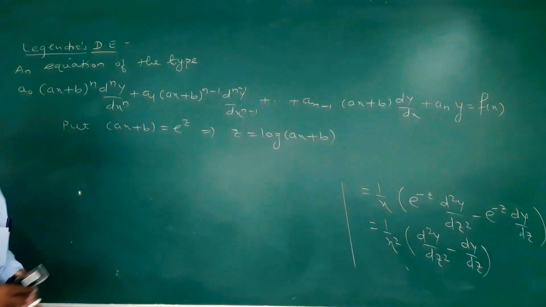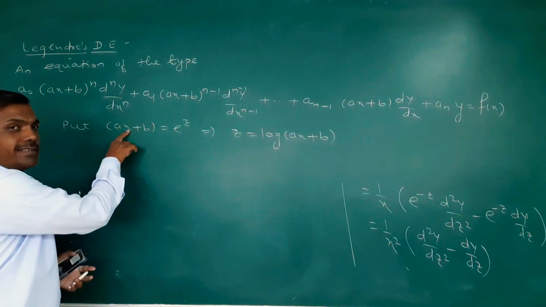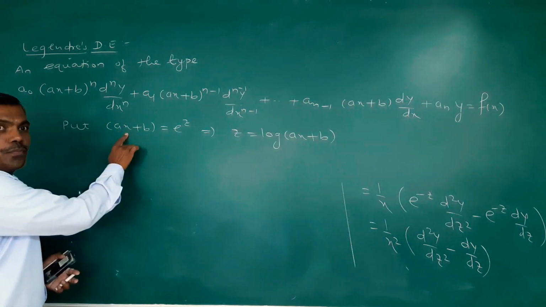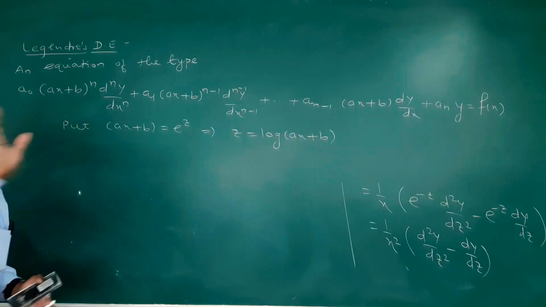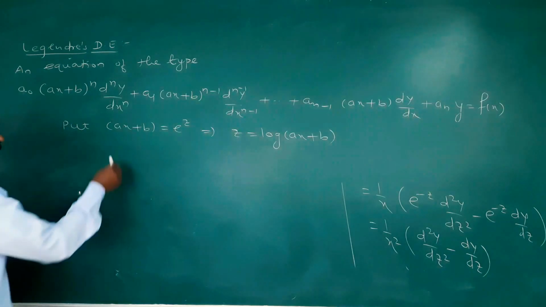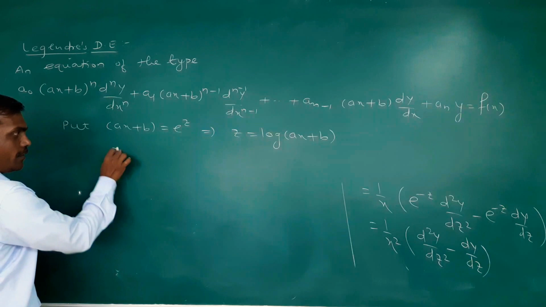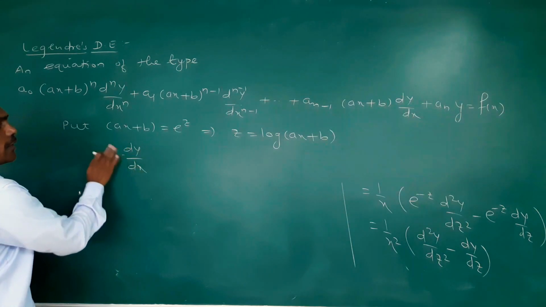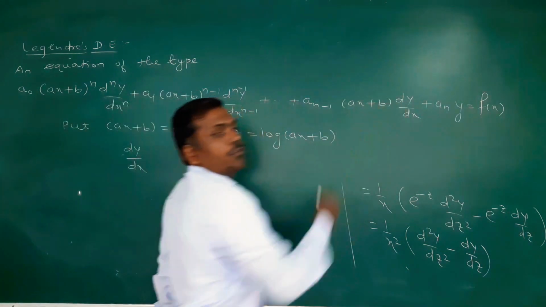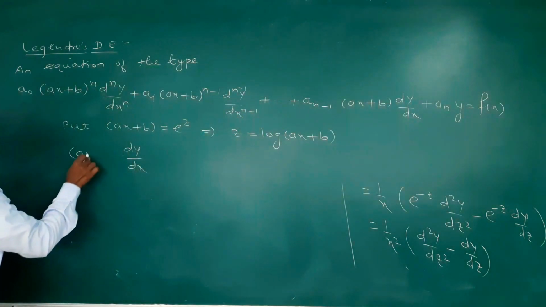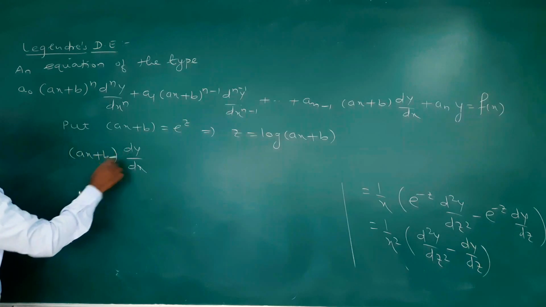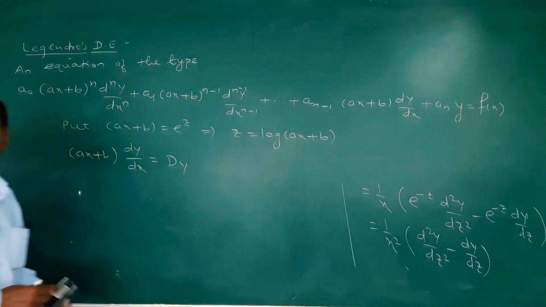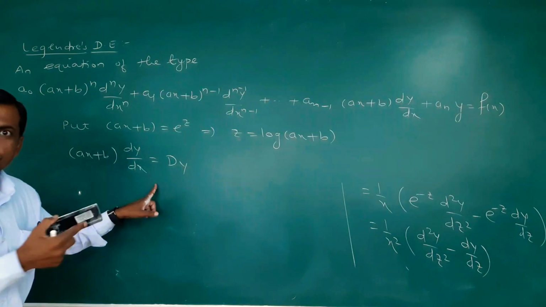If you take the derivative, previously x was there, so its derivative is 1. But here, what is the derivative of ax plus b? It is a. So that a comes out here. See, I am writing the formulas directly. Not x dy by dx; what I want is ax plus b dy by dx, which is equal to capital D y, right? This was previously.